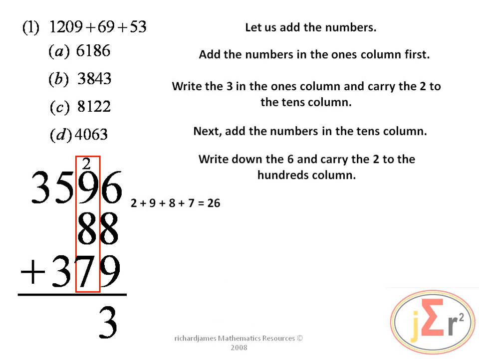What do we do? We will add the numbers 2, 9, 8, and 7. The result is 26. What do we do? The 6 is written down in the tens column, and the 2 is carried to the hundreds column.